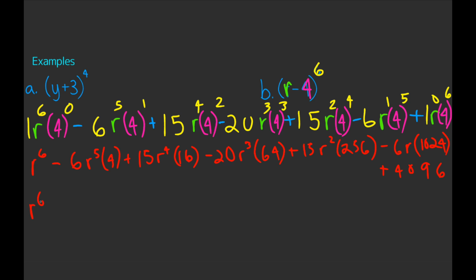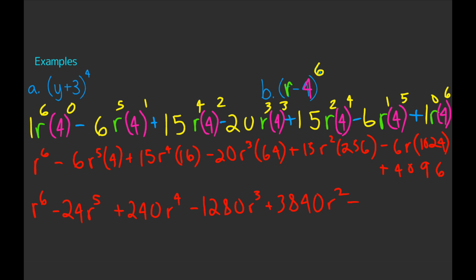So r to the 6th is just r to the 6th, minus 6 times 4, which is 24, r to the 5th power, plus 15 times 16, which is 240, r to the 4th power, minus 20 times 64, which is 1280, r to the 3rd power, plus 15 times 256, which is 3840, r to the 2nd power, minus 6 times 1024, which equals 6144, r, plus 4096. And this giant expression is our answer.